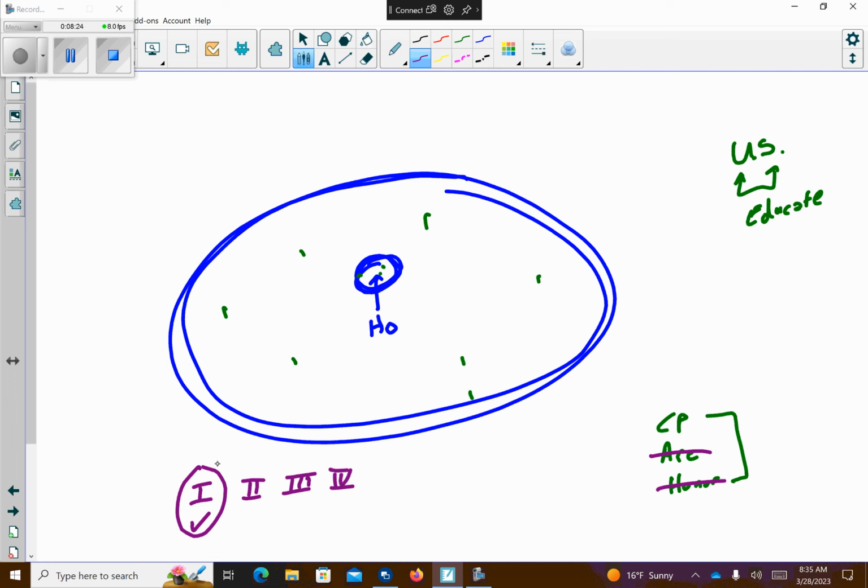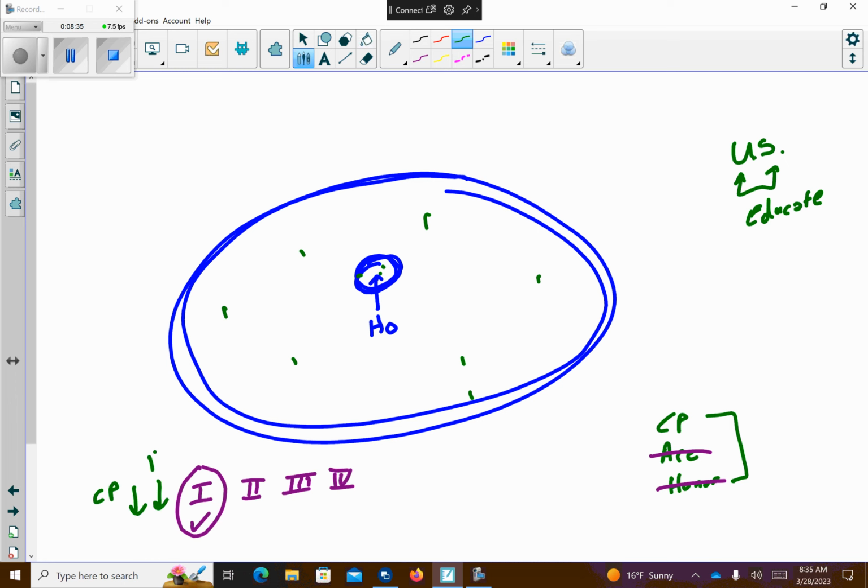So what's going to happen in this type of situation, the student that is a CP kid is going to lose out. The student who is the honors kid is also going to lose out. And the kid who was the accelerated is going to probably thrive in this situation.